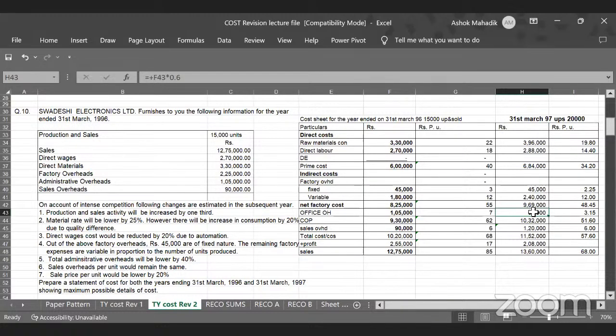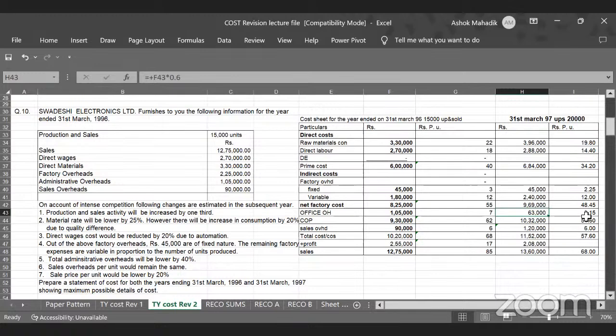Here it is admin overheads, and it's saying 40% lowered. So first take last year's admin overheads, it was 1,05,000. From that, minus 40%. It will give you the current year's, that is the estimated cost sheet's, office overheads.